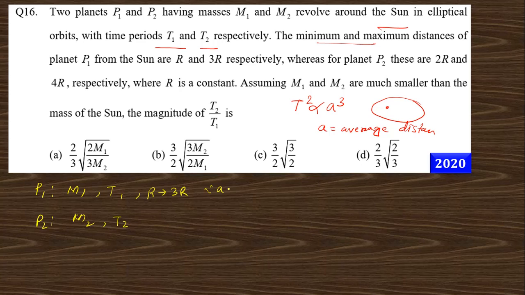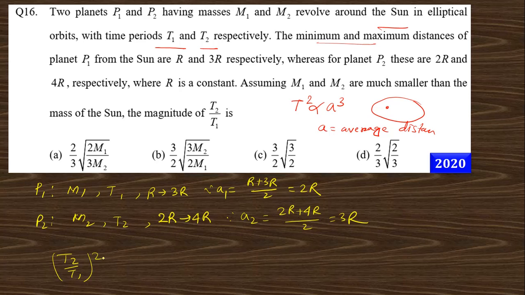So a will be r plus 3r by 2, that is 2r, and for the other this becomes 2r to 4r. So here this is called a1 and this is called a2. 2r plus 4r by 2, that is 3r. So you can say t2 by t1 whole square is nothing but a2 by a1 whole cube. So a2 will be 3r and this is 2r.